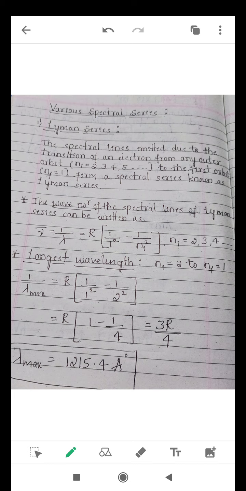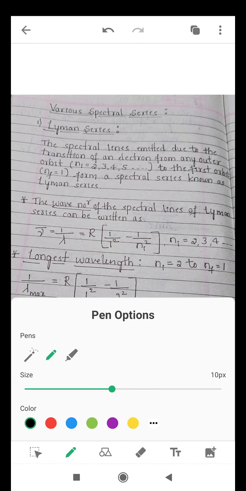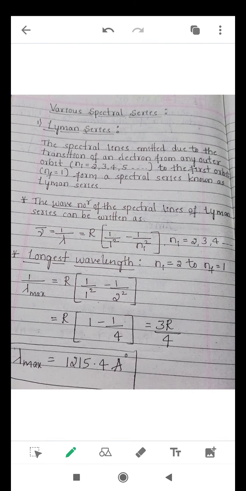As you can see in the slide, Ni is equal to 2, 3, 4, 5, and so on, to its first orbit, Nf is equal to 1. That series is named the Lyman series.